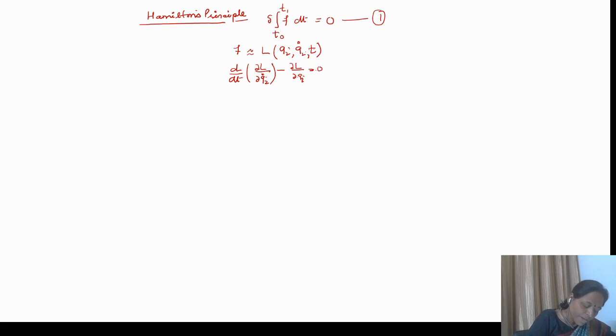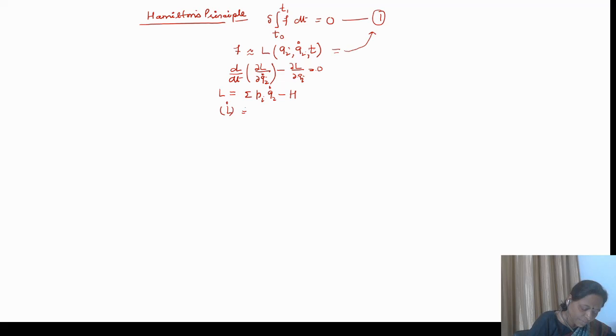Now if my L is transformed to H, or I define H with the help of L, then L will be sigma p_i q_i dot minus H. So you replace f by L here.